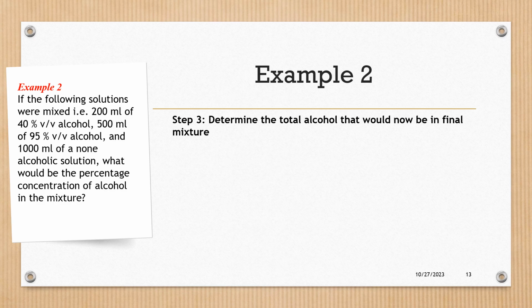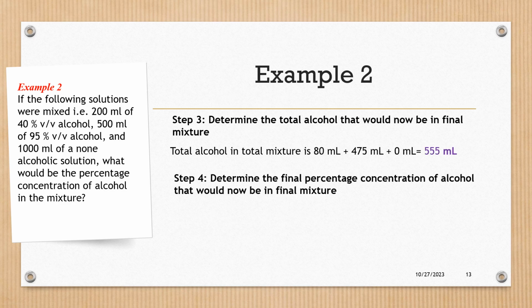Now, in step 3, we'll determine the total amount of alcohol in the mixture. Again, alcohol would be considered our active in this case. The total amount is 555 mL. Once we have this information, we can use the definition for concentration to determine the concentration of the mixture. We want the active over the total or final volume of the preparation.